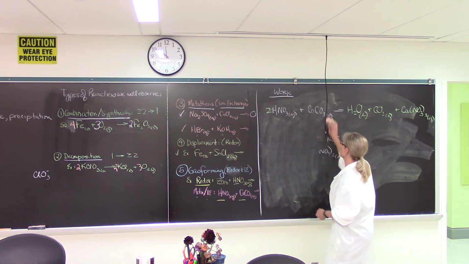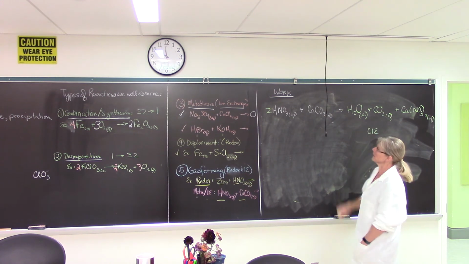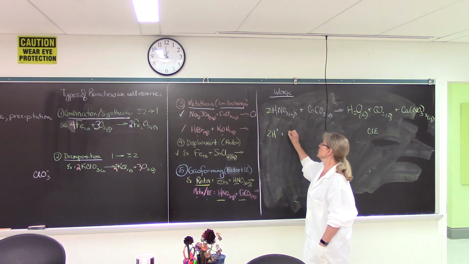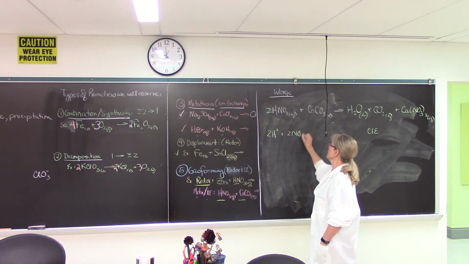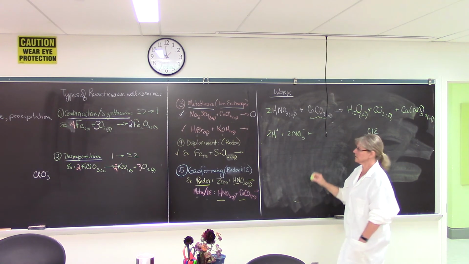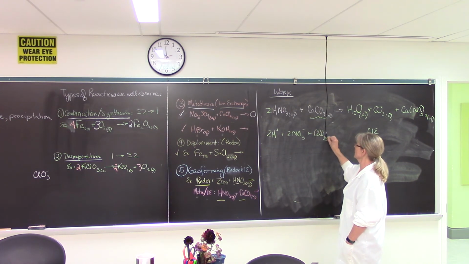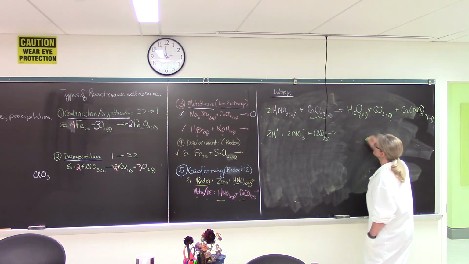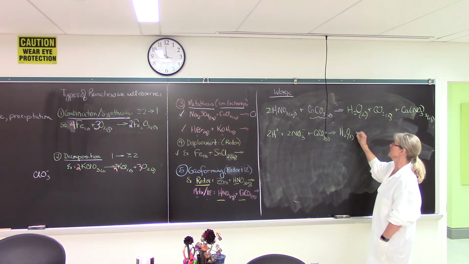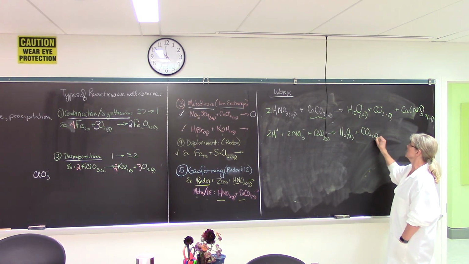Let's take this to our complete ionic. You should be getting the hang of this by now. 2H plus, 2NO3 minus, plus, this is a solid, so we leave that together, CaCO3, solid, becomes water, liquid, we leave that together because it's a product, and so is carbon dioxide, our gas.